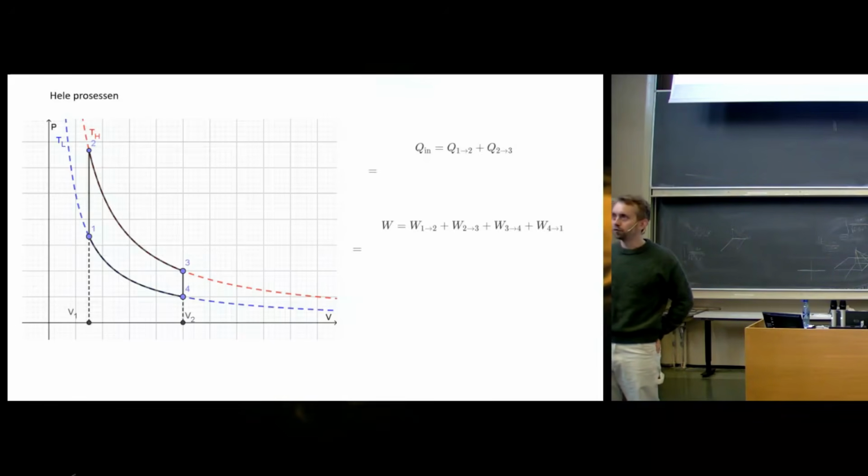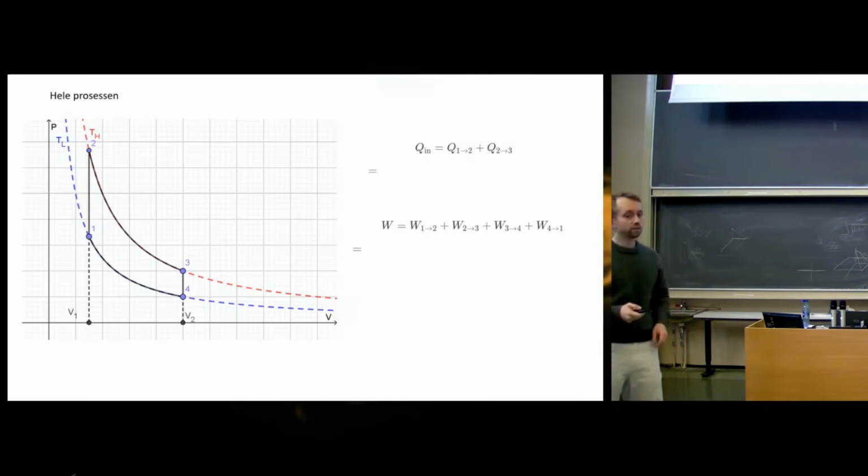So here's what you do to calculate the efficiency of an actual engine. You look at how much heat we have put into the system during this process. Then we calculate how much work we have done on the system.